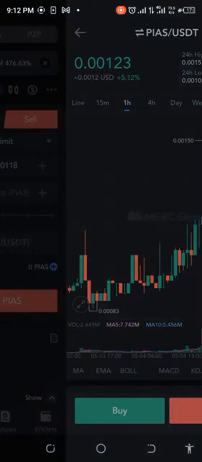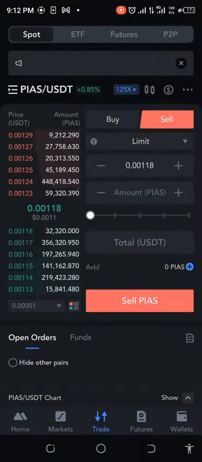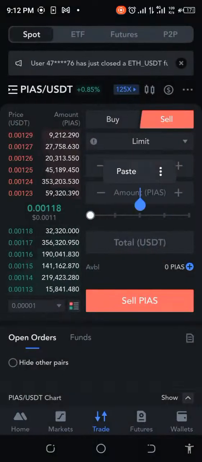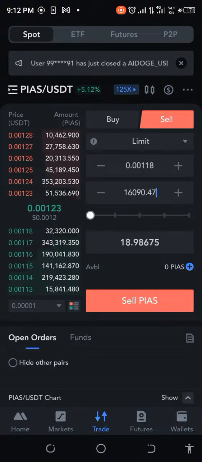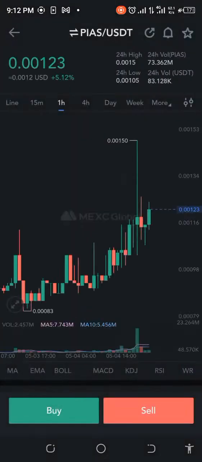Let's just make this move. Right now it's at 1118. If I paste that here, oh, this is 18.98. Now look at the price now. The price is really unstable.